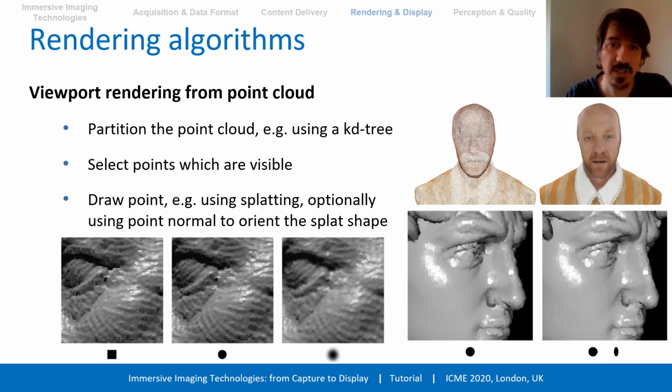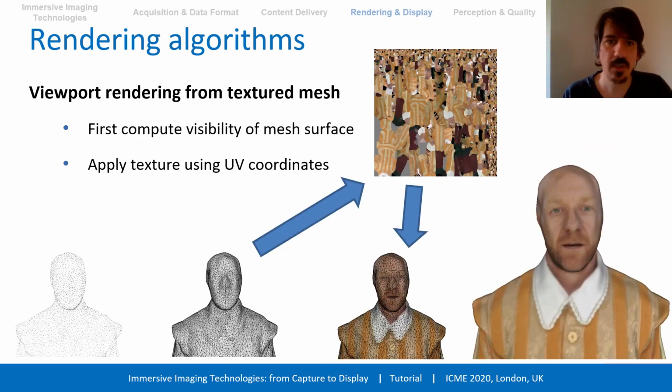So in conclusion, each of these parameters obviously has a strong impact on the final render quality. For textured meshes, we follow similar steps as for the point cloud rendering. We first need to compute which geometric elements of the mesh are visible for the viewport we want to render, and then compute the corresponding texture.